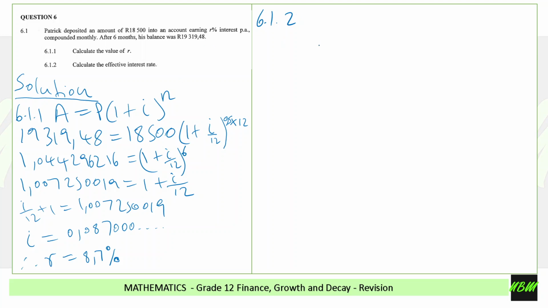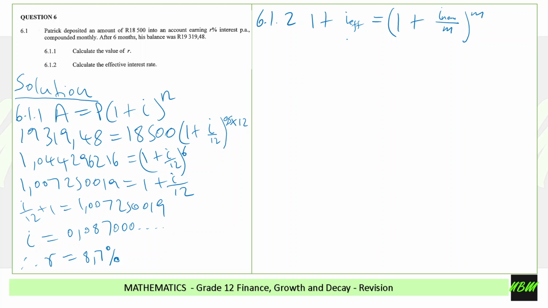So now the formula for the effective interest rate: 1 + i effective is equal to (1 + i nominal divided by m) all to the power of m, where m is the compounding periods, i nominal is the nominal interest rate as a decimal, and i effective is the effective interest rate as a decimal.